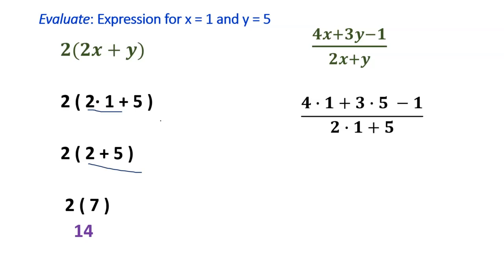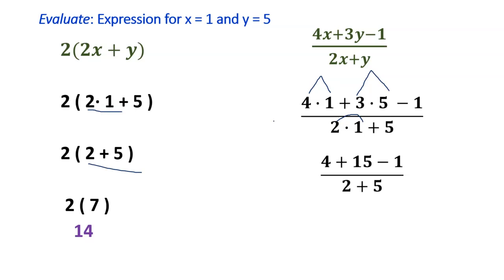This is what I get. 4 times 1 plus 3 times 5 minus 1 over 2 times 1 plus 5. So I'm going to multiply the 4 times 1, and then I'm going to multiply 3 times 5, and then I'm going to multiply 2 times 1 in my next step. I will get 4 plus 15 minus 1 over 2 plus 5.